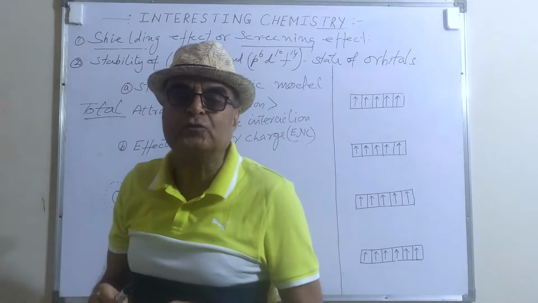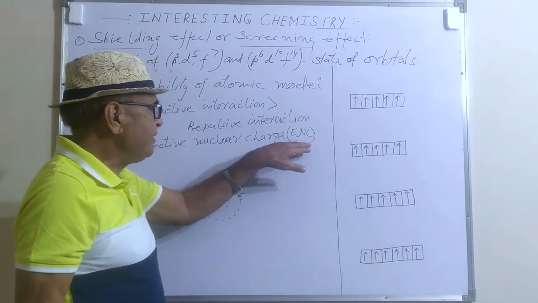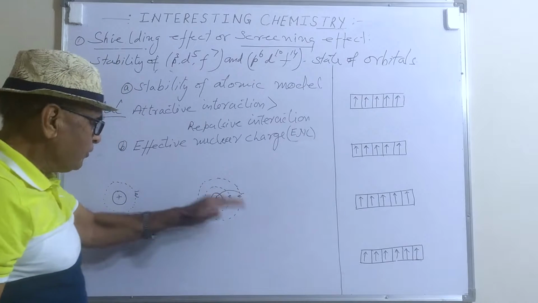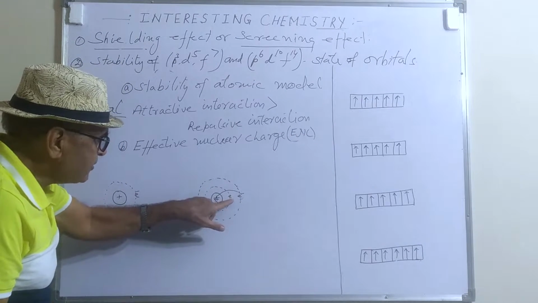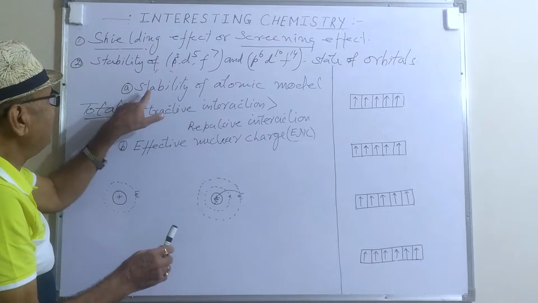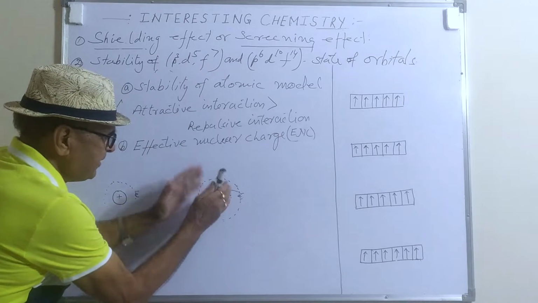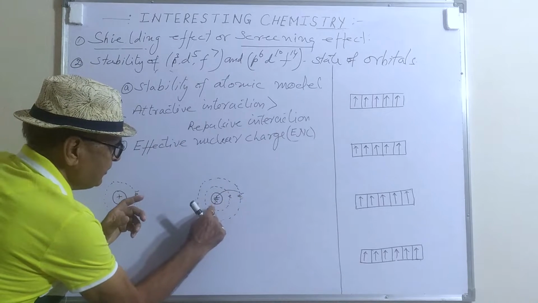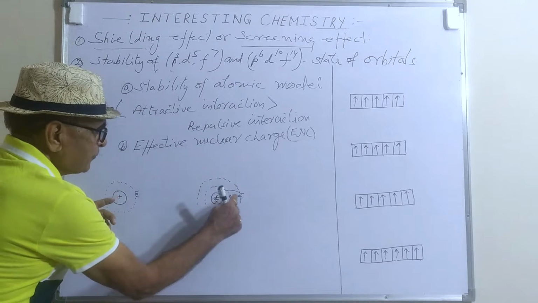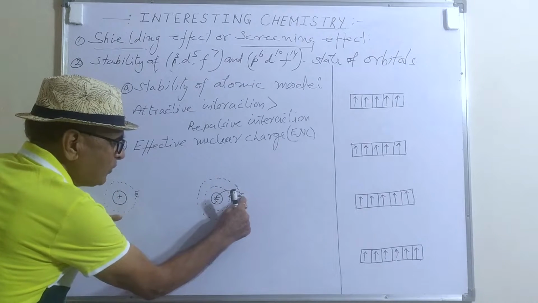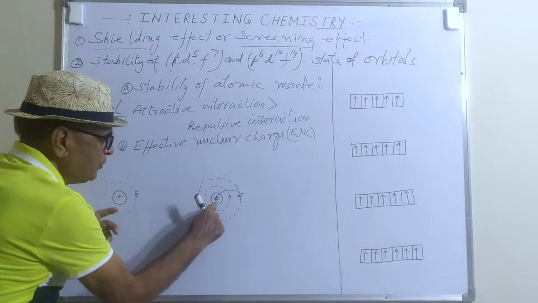If a question is asked in your examination, what do you mean by ENC? So you should give this example, because the inner shell electron is shielding or screening, creating some hindrance in the direct attraction between the nucleus and the outer shell electron. So this electron will not experience the total positive charge of the nucleus.